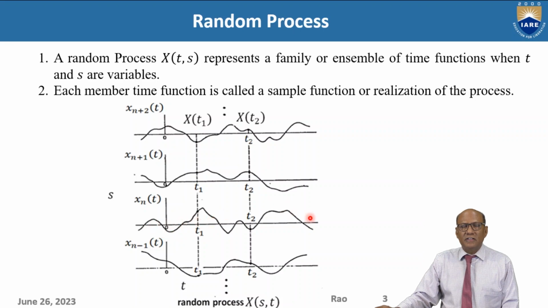Because it is a continuous signal, I should say time signal, not time sequence. So this is another time signal. I will take many time signals, a set of time signals. This total thing I can call a random process.